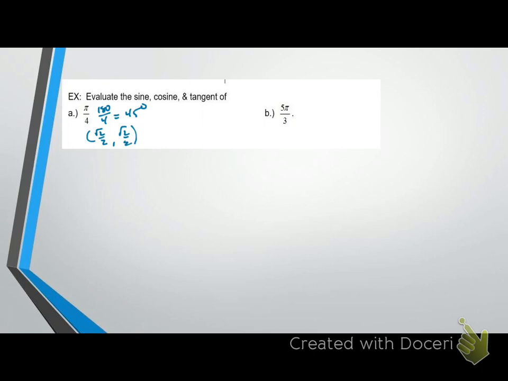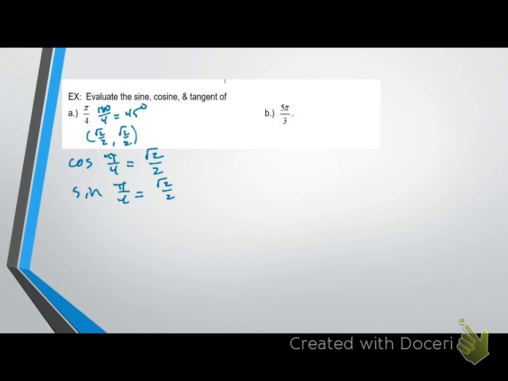So if pi over 4 is the 45-degree angle, then that means cosine of pi over 4 is just going to be the x coordinate, so radical 2 over 2. Sine of pi over 4 is just going to be the y coordinate, radical 2 over 2.